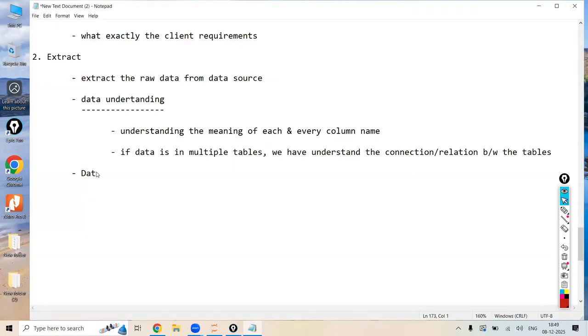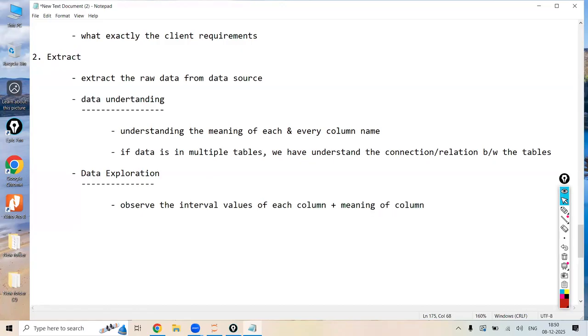The next one we have to do is called data exploration. In data exploration, we have to observe the internal values of each column, plus the meaning of each column name.